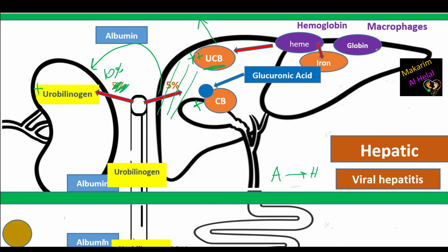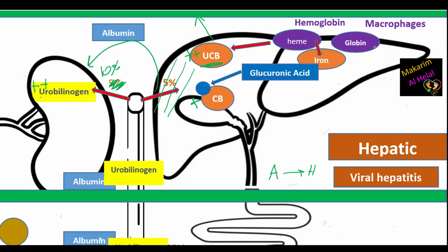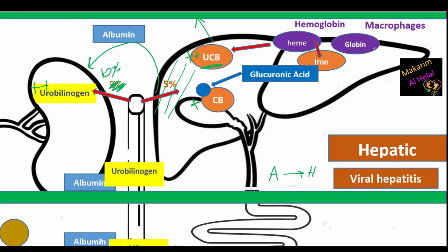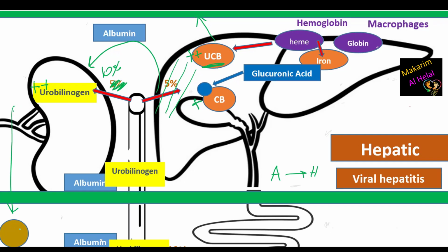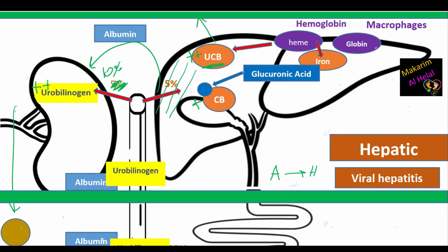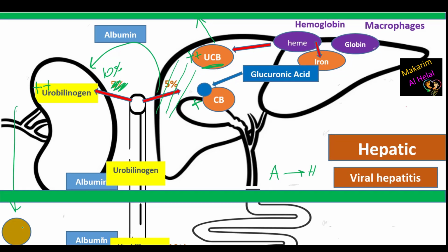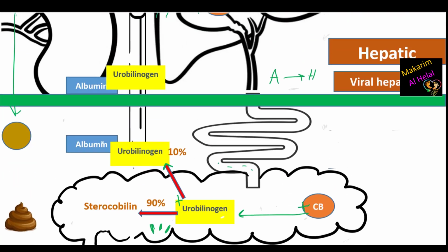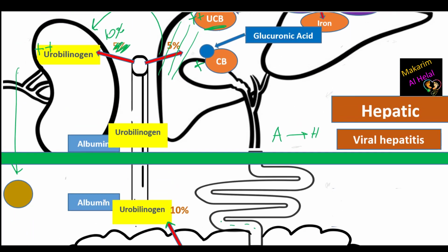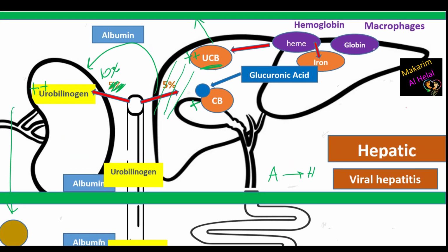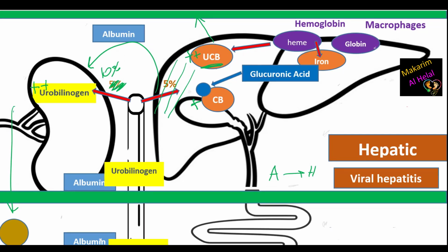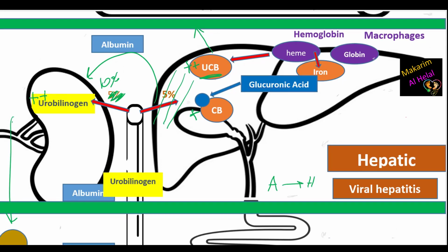Urobilinogen here will be increased because 10% goes to the kidney to be filtered. Urobilinogen is converted to urobilin and gives dark color to the urine. So hepatic jaundice has dark color of urine and normal color of stool, dark color of urine because the urobilinogen will be high in the kidney and in the urine.